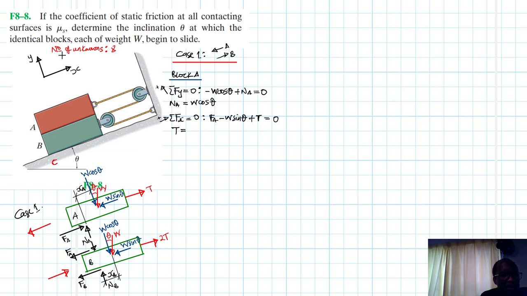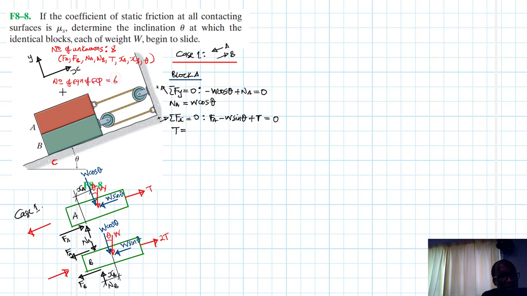So there are 8. This is FA, FB, NA, NB, T, XA, XB, theta. And then number of equations of equilibrium, how many are there per each one?